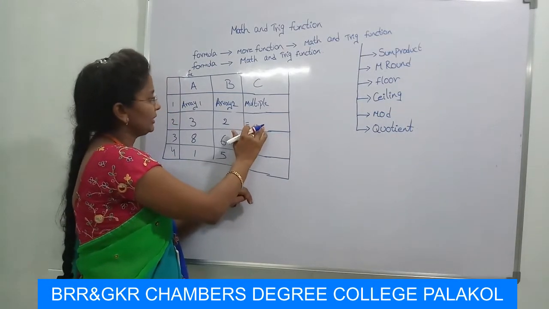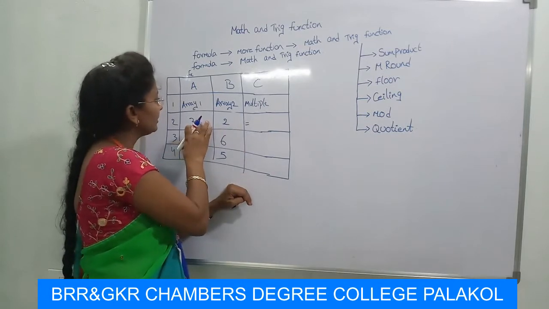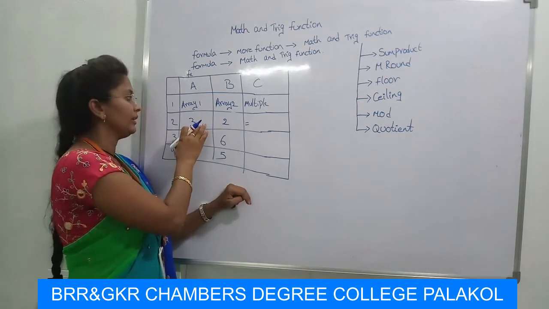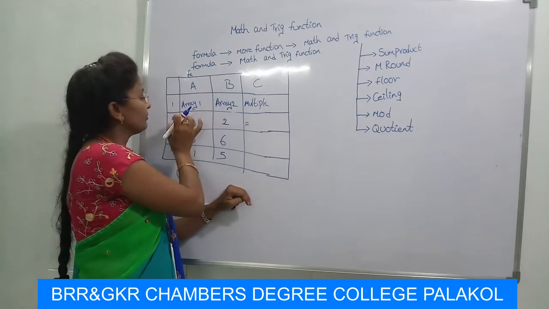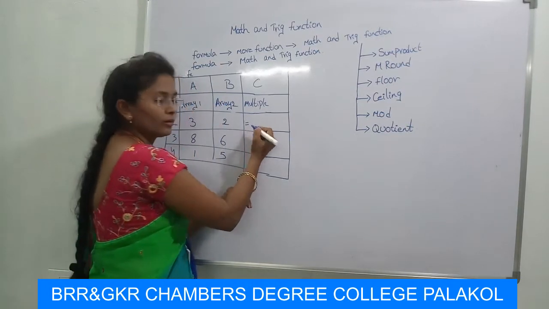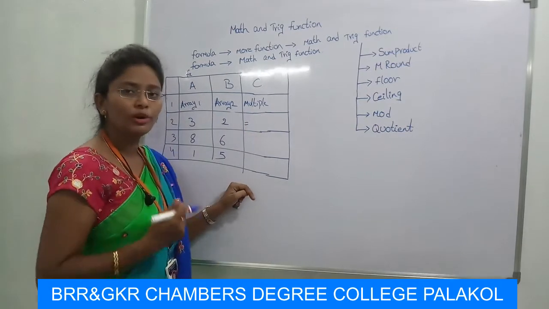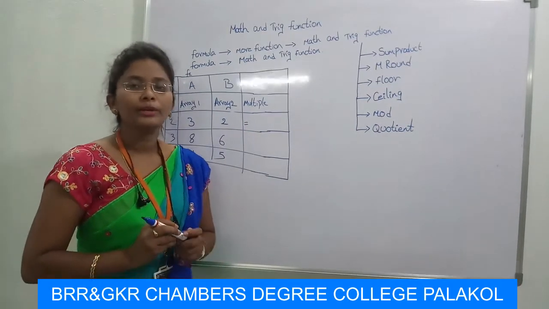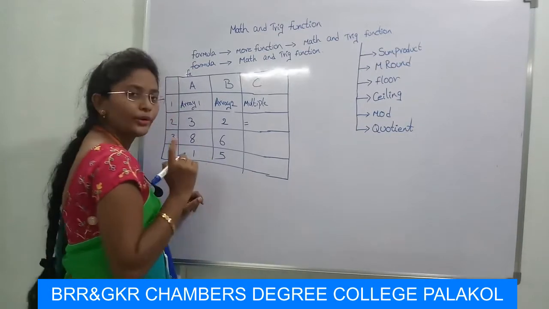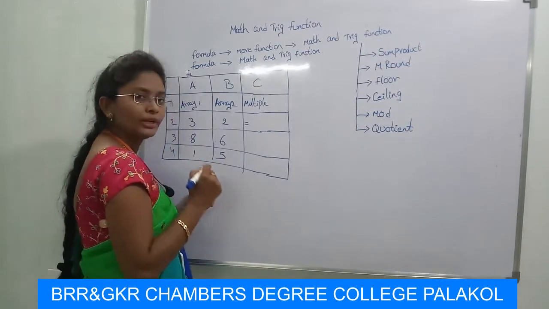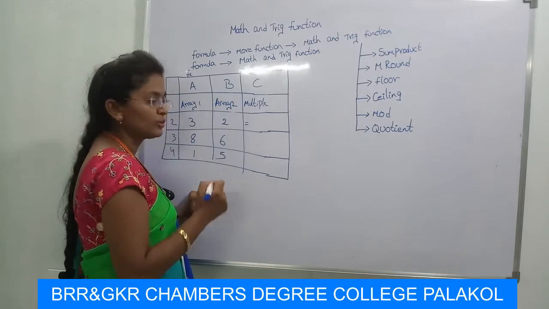The array 1 number is 3, that means this cell reference is A2. You can write the formula by using keyboard or by using mouse pointer.